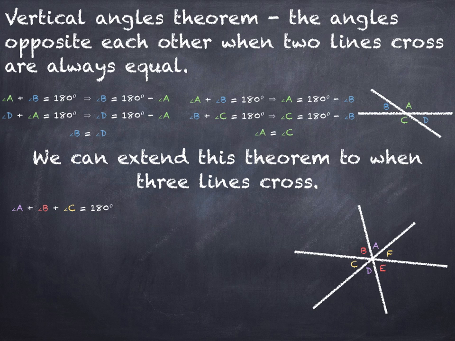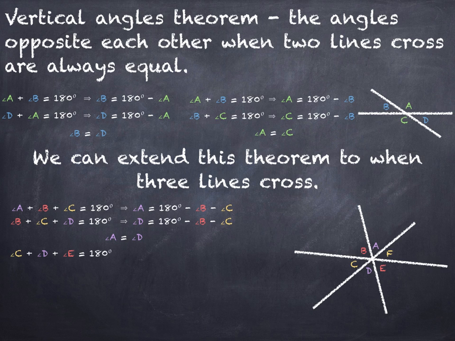You'll rearrange this equation to show that angle A equals 180 degrees minus angle B minus angle C. And angle B plus angle C plus angle D also create a line, so they equal 180 degrees. Rearranging this formula to show that angle D equals 180 degrees minus angle B minus angle C, showing that angle A equals angle D.